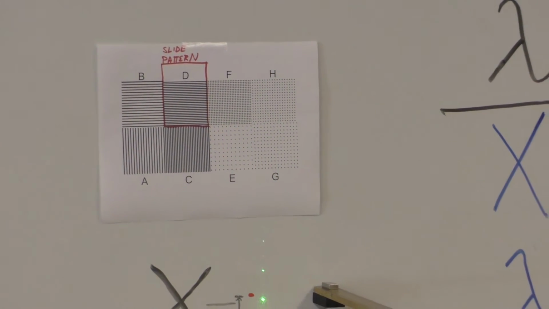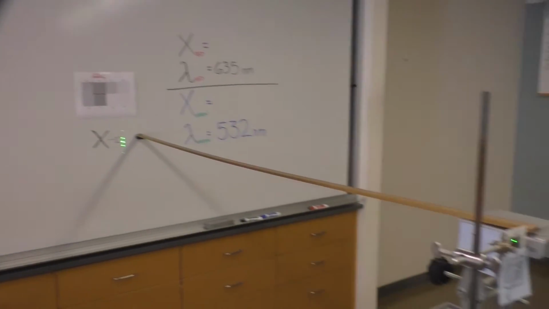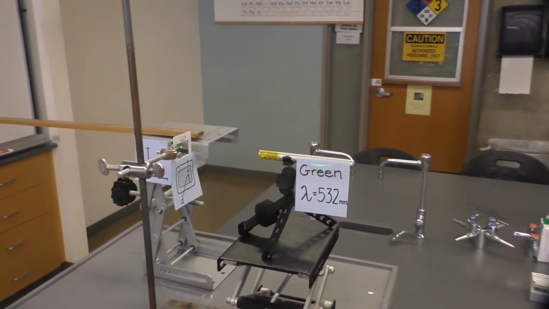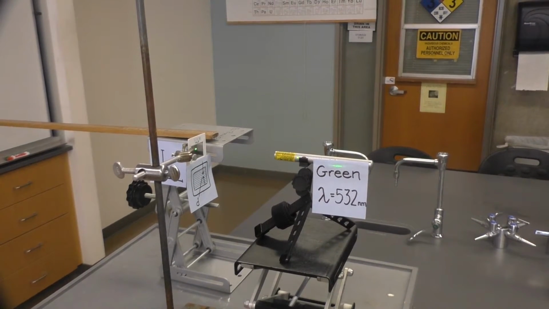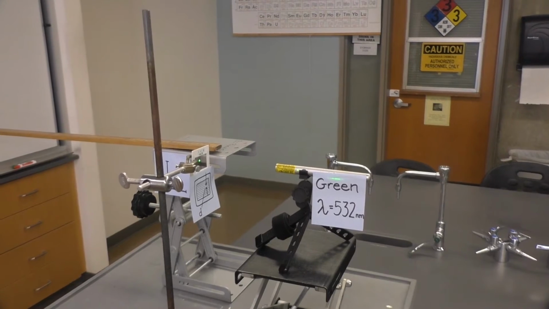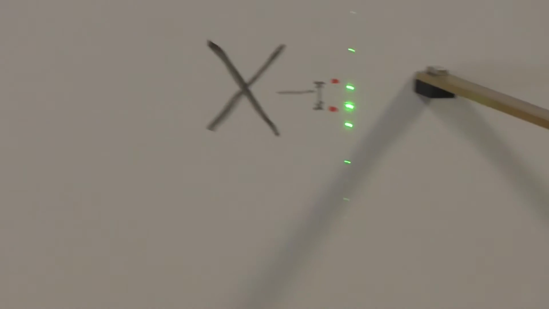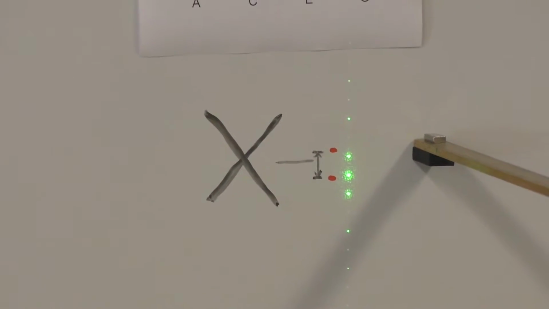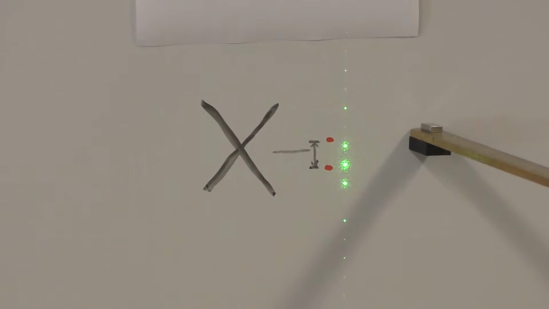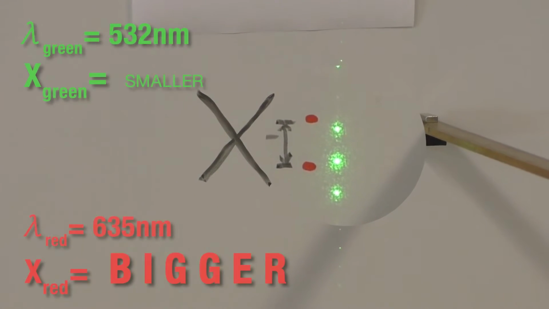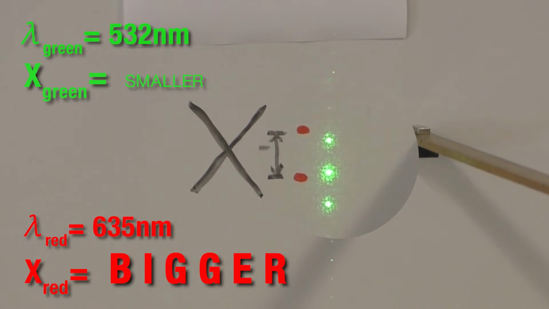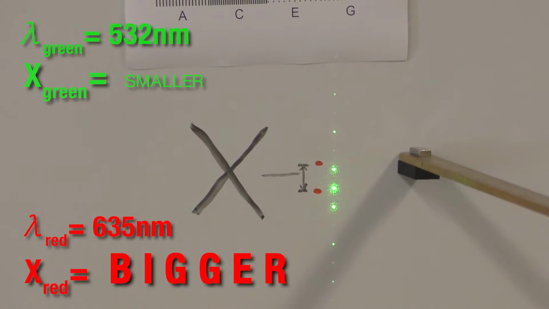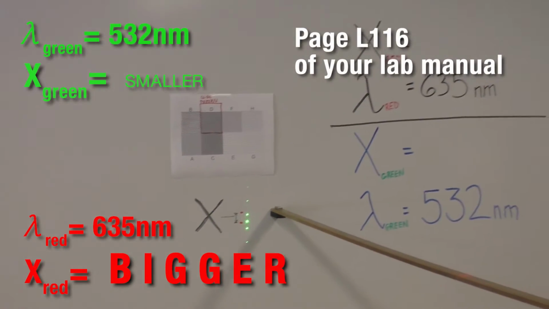And so if we look at the apparatus now, the only thing you'll see that I've changed is we put a different laser in, which has a wavelength of 532 nanometers. That's green light. And so on the whiteboard, we have indicated with 2 red dots the pattern spacing caused by a red laser. And you can see the pattern spacing caused by the green laser. So let's go and mark that information down in our notebook.